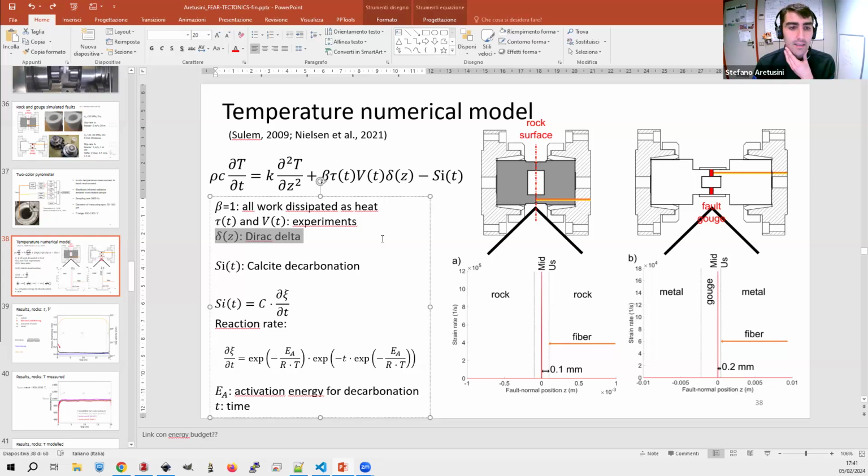But I ran additional tests by choosing a Gaussian function with a 100 micron width. And this wasn't really affecting the modeled temperature much on the fiber position, on the temperature model node coinciding with the optical fiber.